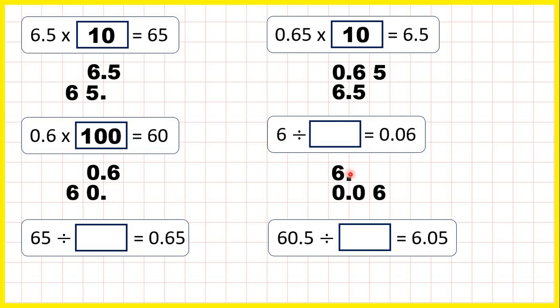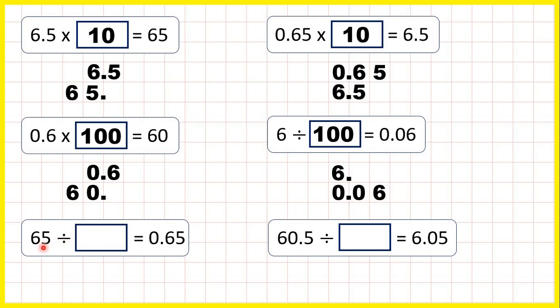Then we can write 0.06 directly below with the decimal points lined up. We can see that here the 6 has moved 2 squares to the right, and when digits move 2 squares to the right, we've divided by 100, because 100 has 2 zeros, or because dividing by 100 is like dividing by 10 and then by 10 again.